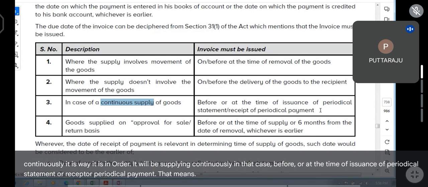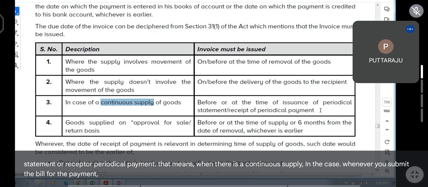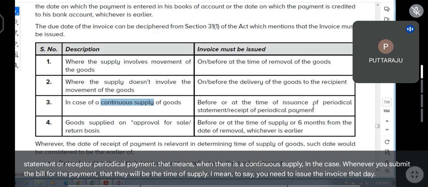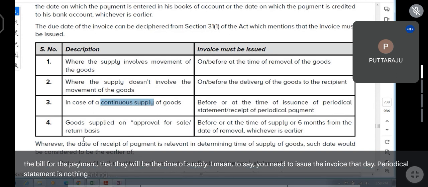That means whenever you submit the bill for the payment, that day will be the time of supply. I mean to say, you need to issue the invoice that day. Periodical statement is nothing but invoice.